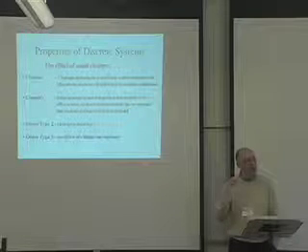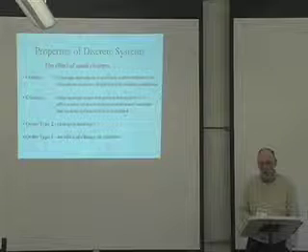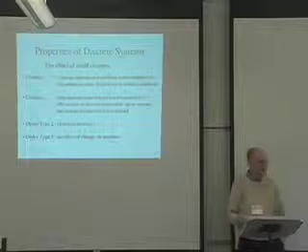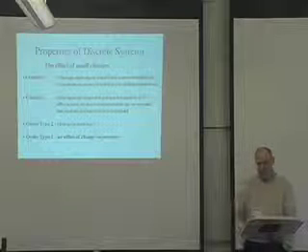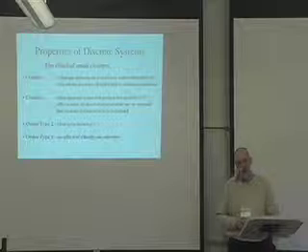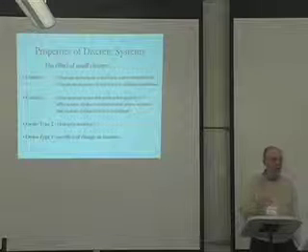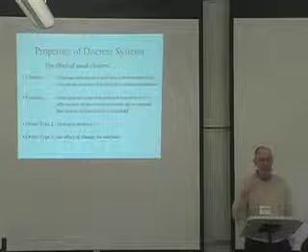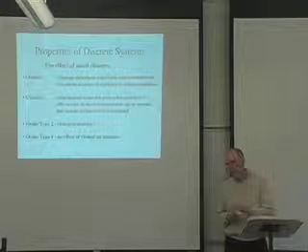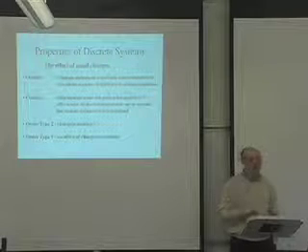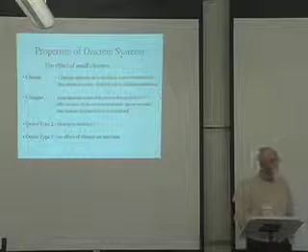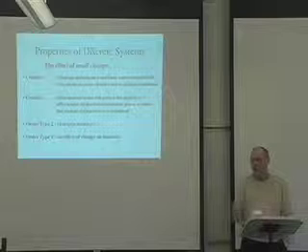At the opposite end, order type 1, if you make a change, nothing happens. And order type 2, if you make a change, it's very local, it's localized. And complex lies between chaos and order type 2. It includes some places where, if you introduce a change, it permeates the whole system, and other places where, if you introduce a change, it's localized.